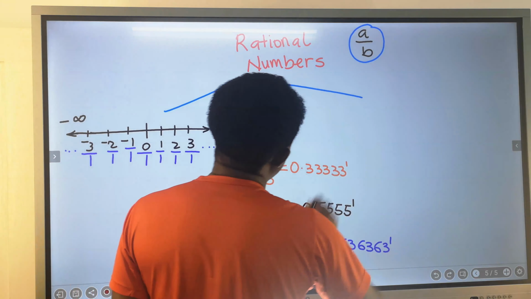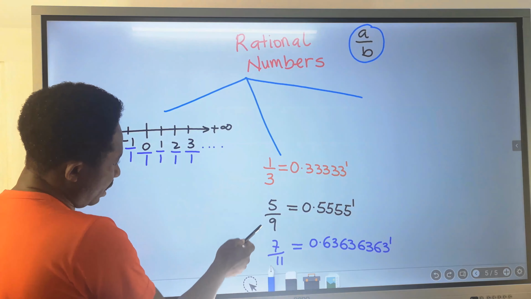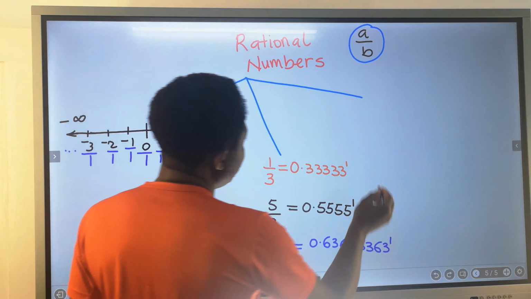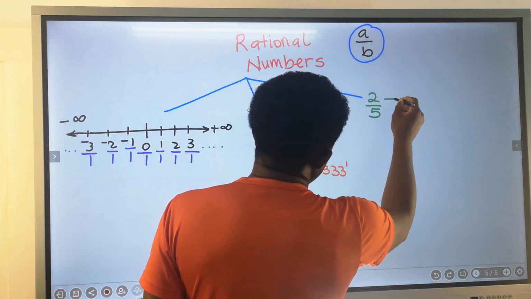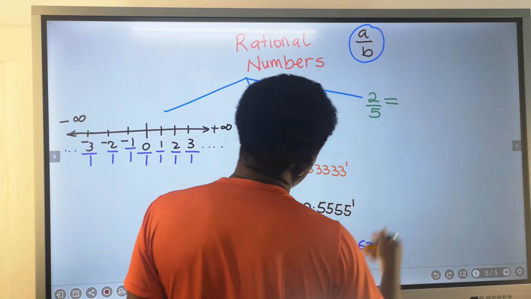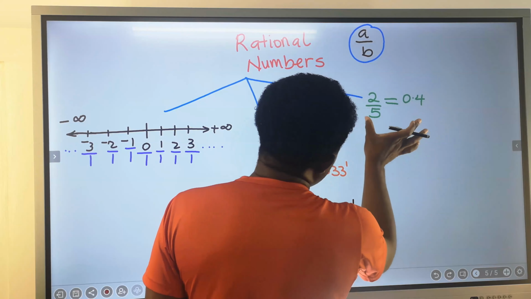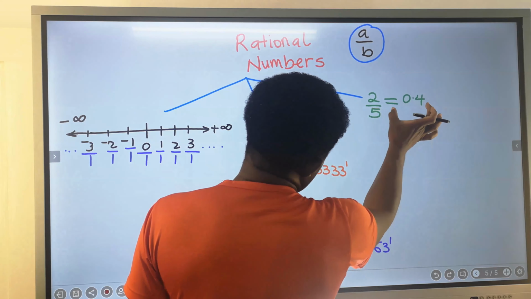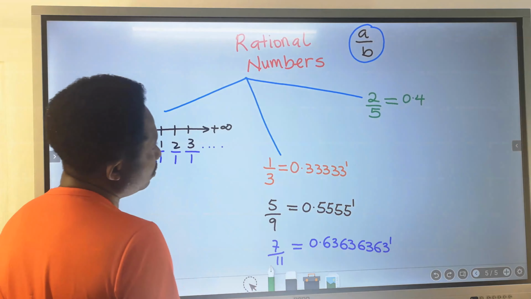Another definition of a rational number in the form of A over B is any division, for example 2 over 5, that is very short and does not continue. Here 0.4 becomes the answer. It's very short, does not have a long value.